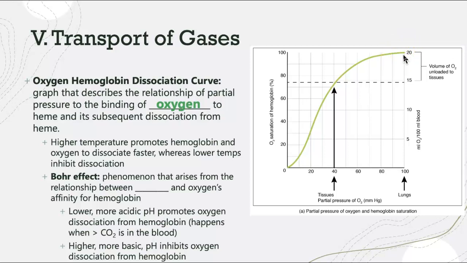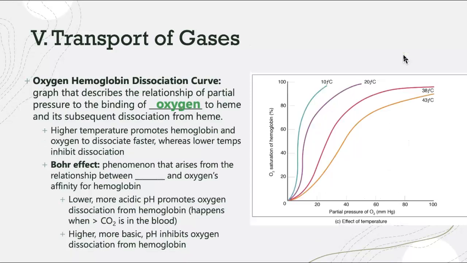Now, when we have higher temperatures, that's going to promote hemoglobin and oxygen to dissociate faster, whereas the lower temperatures are going to inhibit that dissociation. And here's a graph that illustrates that for you. We could see at the higher temperatures here that we have more of that dissociation, so that we are going to have a lower amount of oxygen saturation as we move through the different partial pressures within our tissues.